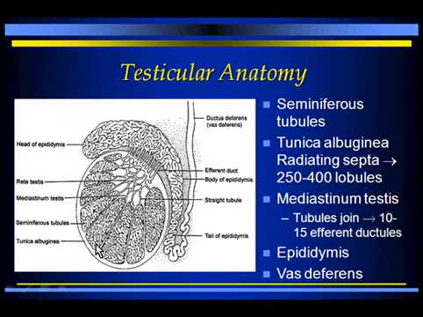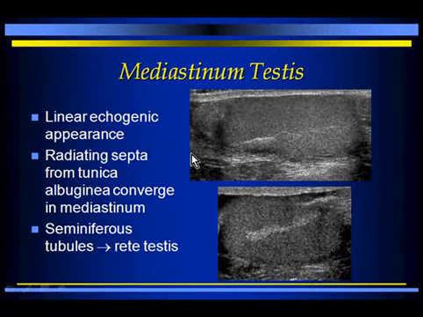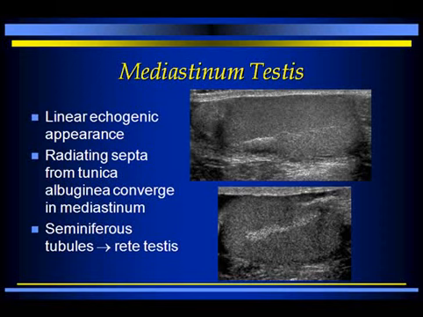And so there's spermatogenesis going on in the testicle, and these spermatozoa come out through the rete testis, they go into the epididymis, and finally through the epididymis into the vas deferens. As I mentioned before, when you look at the testicle ultrasonographically, you will see that there is a straight line going through the center of the testis, and that's called the mediastinum testis.